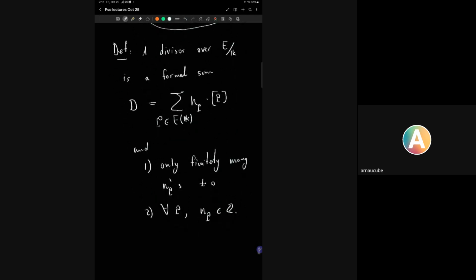The collection of all divisors is denoted as Div E, or Div E over K, all divisors.